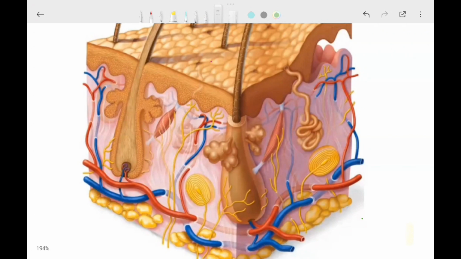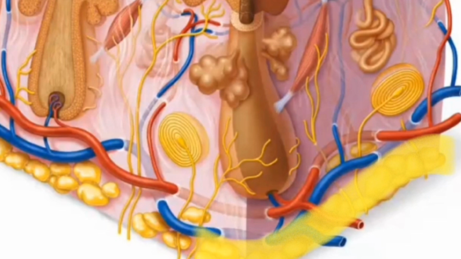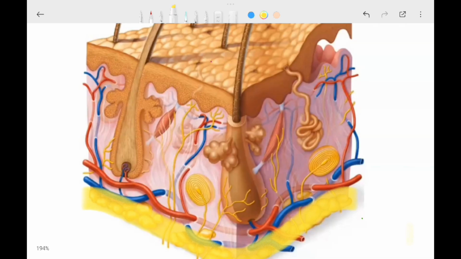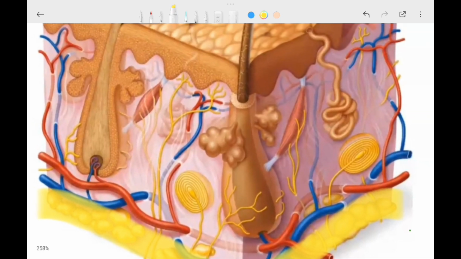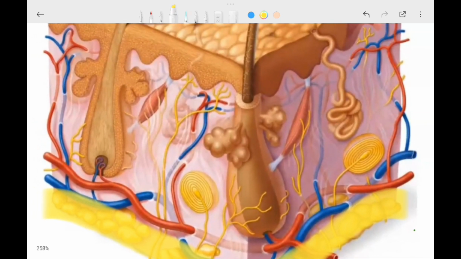Let's look at the reticular portion of the dermis. This layer takes up majority of the dermis, everything between the papillary layer and the hypodermis. And this part here is called the hypodermis. It is the adipose tissue below the reticular layer. And if we look close, we can see that there's a lot there, no?